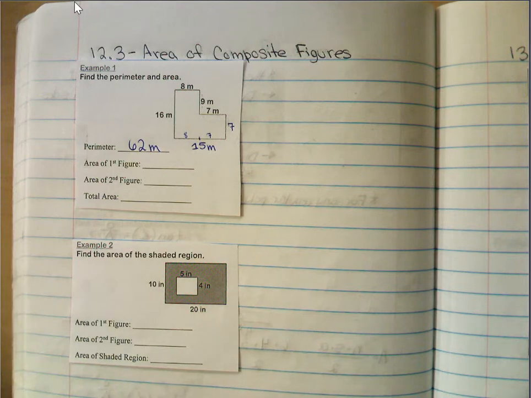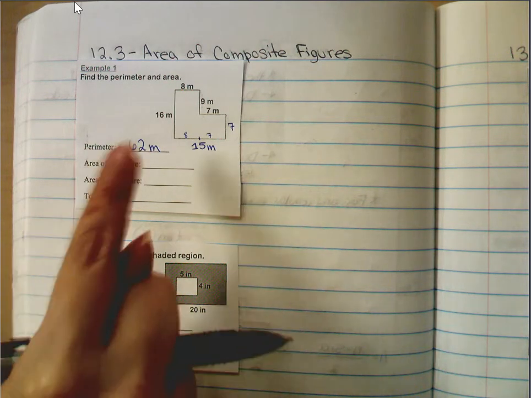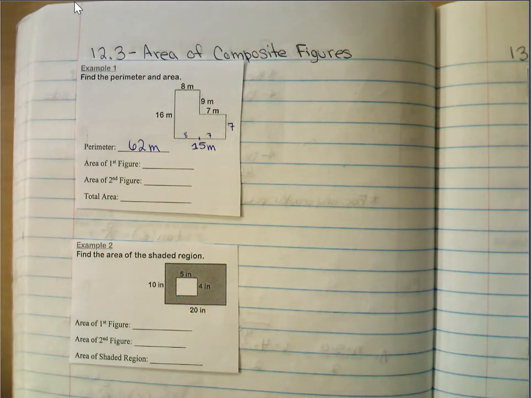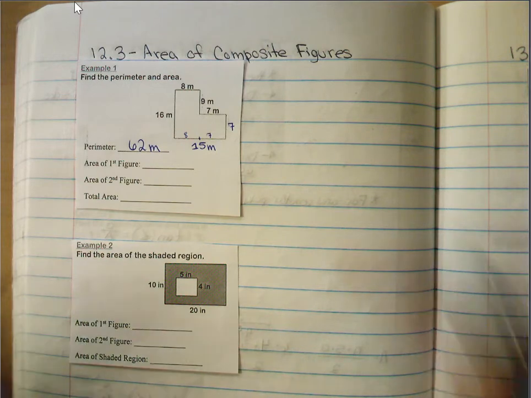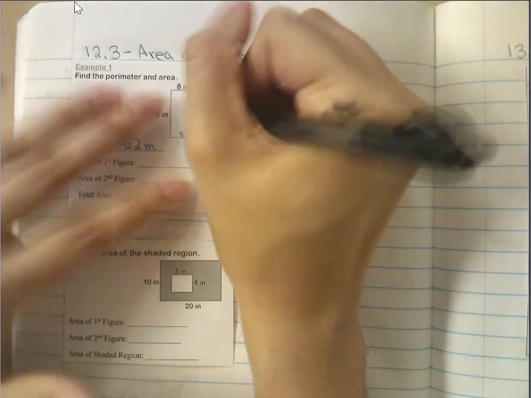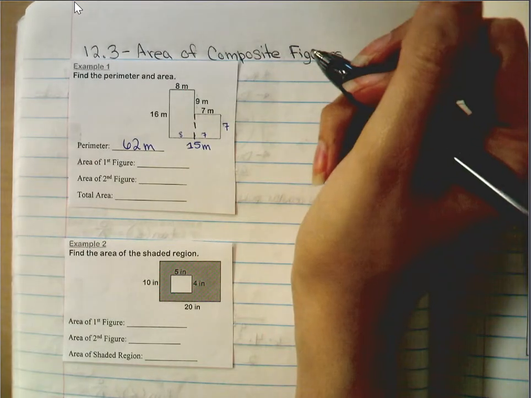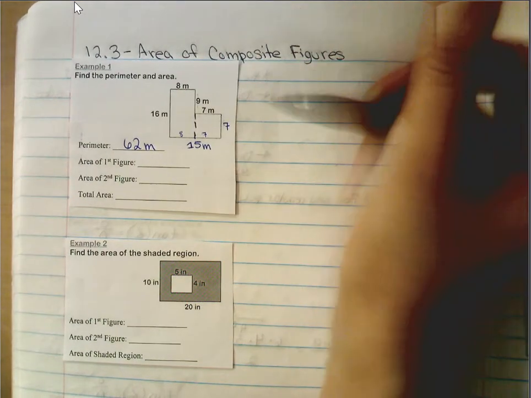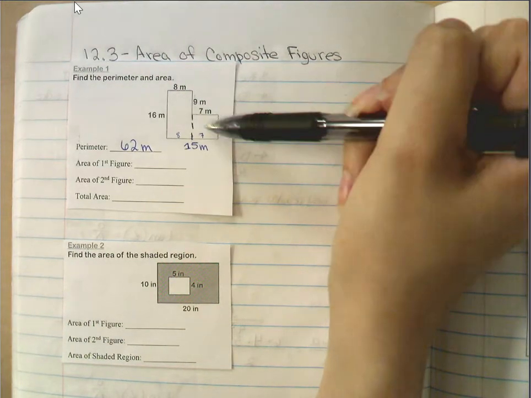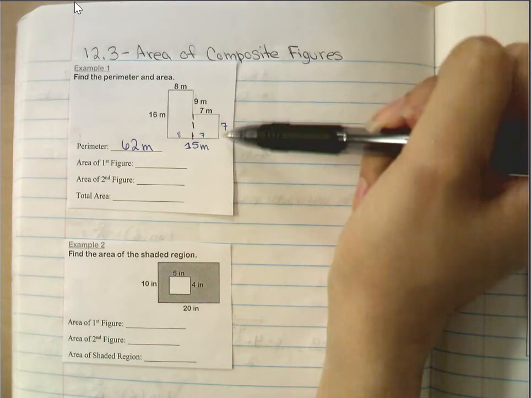Okay, so for the area, here's where I have to split my shape into 2 different figures. So if I split it right here, I'm going to draw this dotted line. If I split it through that line, I have now 2 rectangles, or a rectangle and a square.